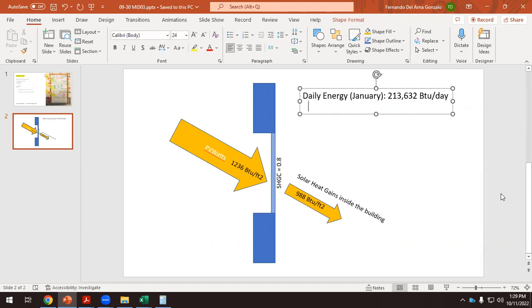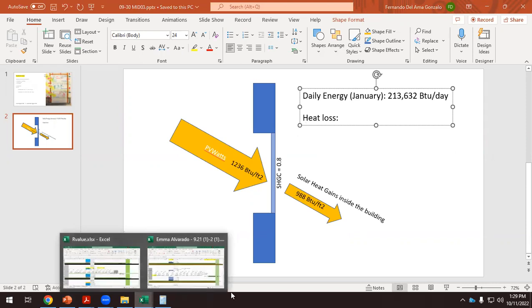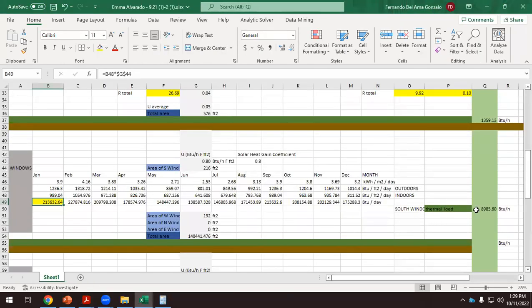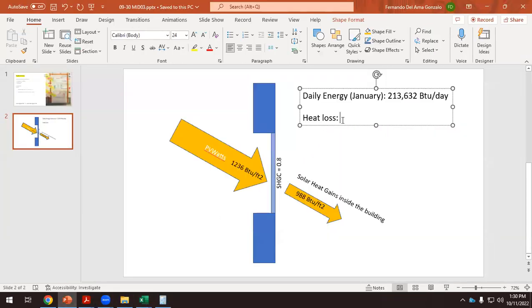So what is the heat loss? The heat loss that we have on one day in January, well, at this specific moment, it's the power that we have here. So it's 8,985 units, BTU divided by hour.